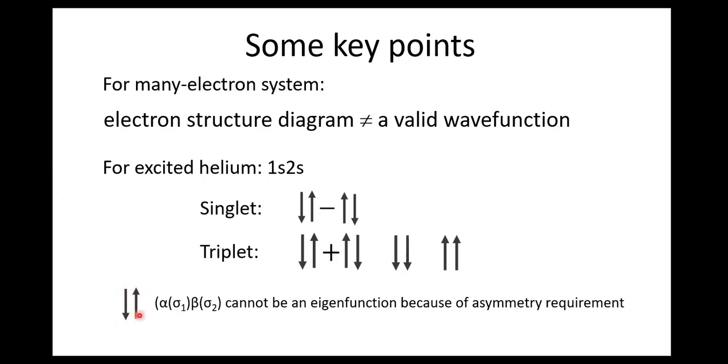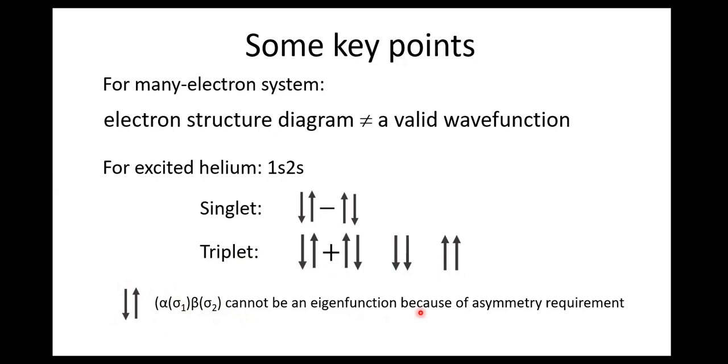But this one implies that we actually will write the spin part in this kind of form. So alpha means spin up and beta means spin down, and sigma 1 means the coordinate of the first electron, and sigma 2 means the coordinate of the second electron. So this kind of paired wave function for the spin part cannot be part of the many-electron wave function because it doesn't satisfy the antisymmetry requirement.